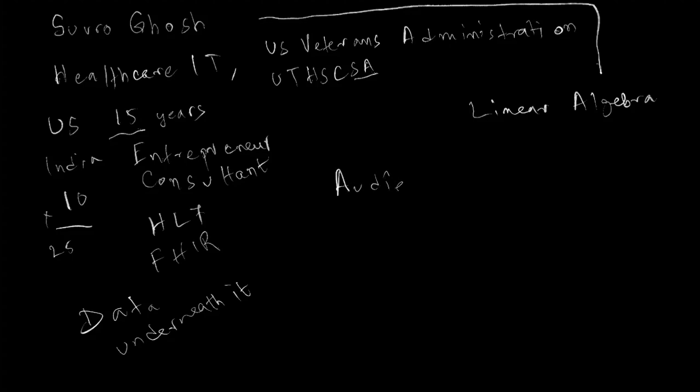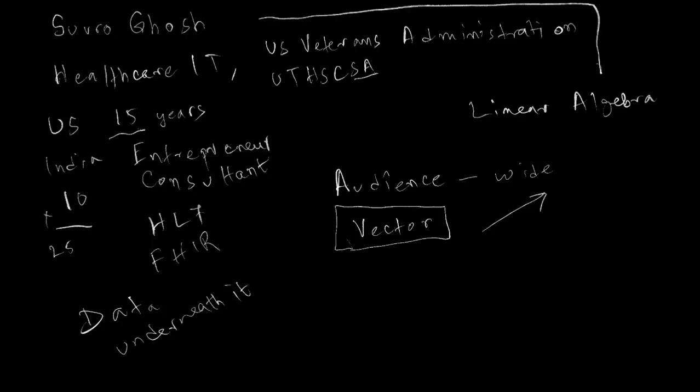So the audience is sort of wide, and we will, as I said, try to keep it visual, simple, and honest. And we will begin with one very small idea, which is the vector as a visual object that we understand as an arrow.